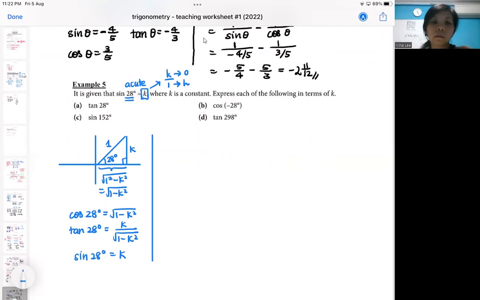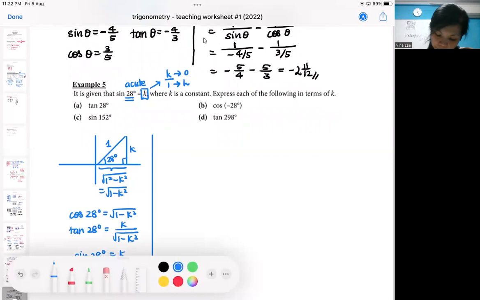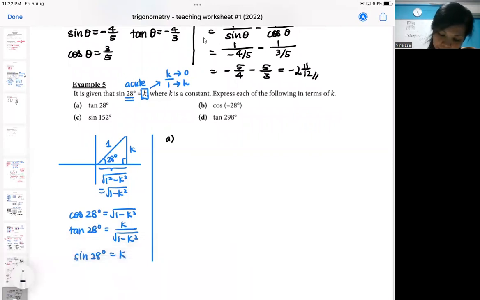So right now, once I draw out the triangle, my procedure is I will usually write down the 3 functions, then I can manipulate easily. So actually from here, I already answered part A. Is O over A. Okay, then what about part B?